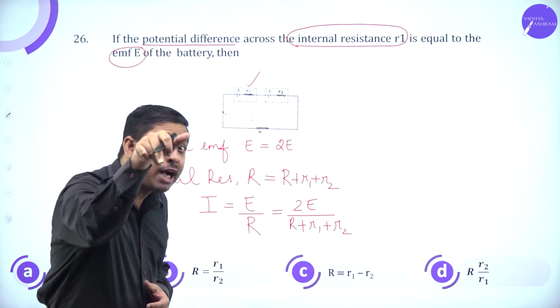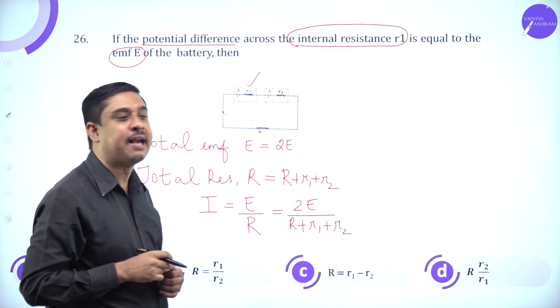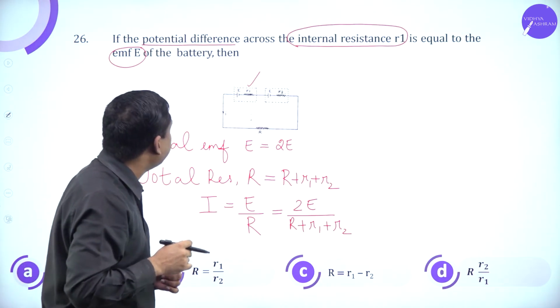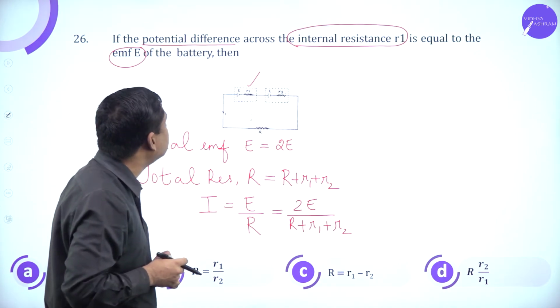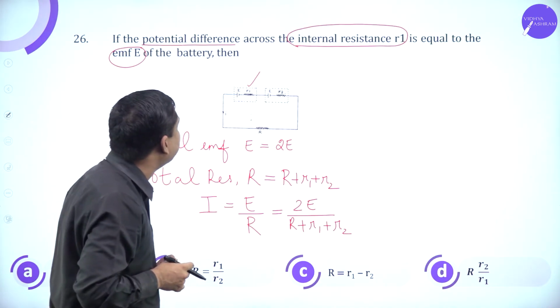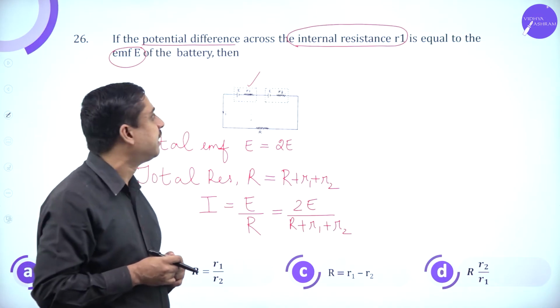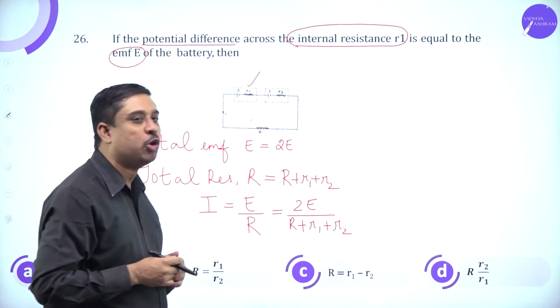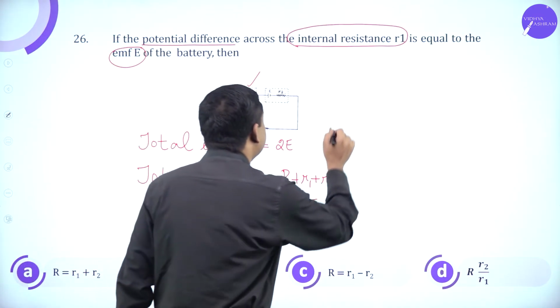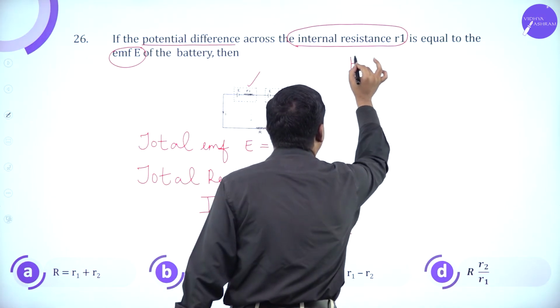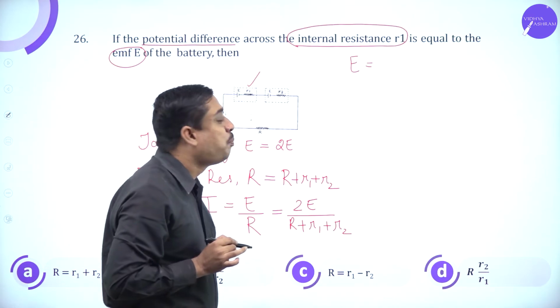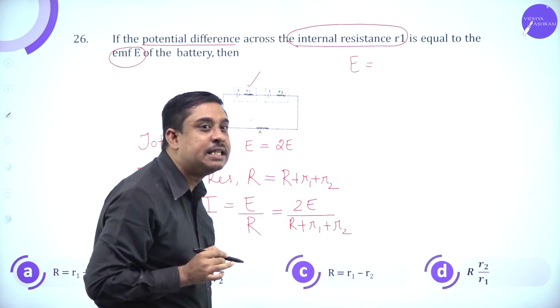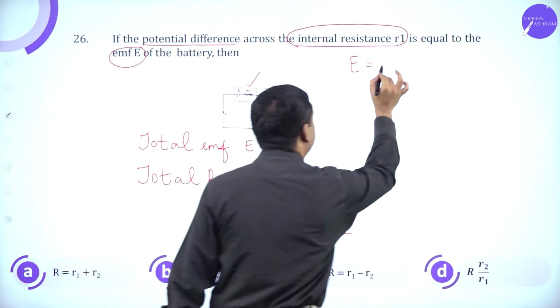What is the condition they have given? The potential difference across the internal resistance R1 is equal to EMF E. So the EMF E is equal to potential difference across R1.